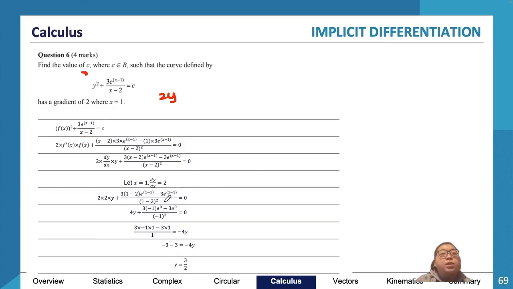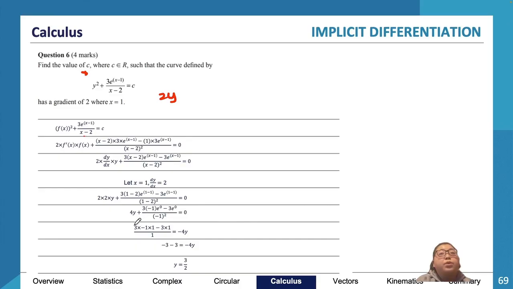So 1 minus 1 is just e to the power of 0, and that's just 1. And we'll have negative 3 here, times that, and then we'll have 4y on the outside, right? 4y plus, because it was 2 times y. And then that will all be over negative 1 squared.